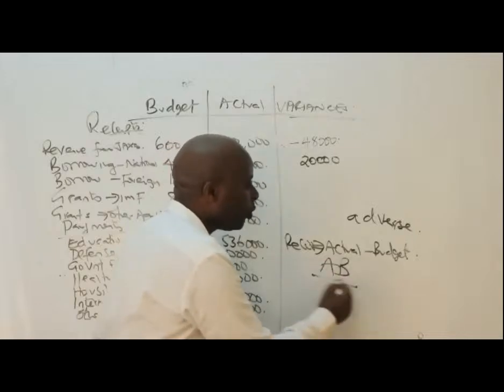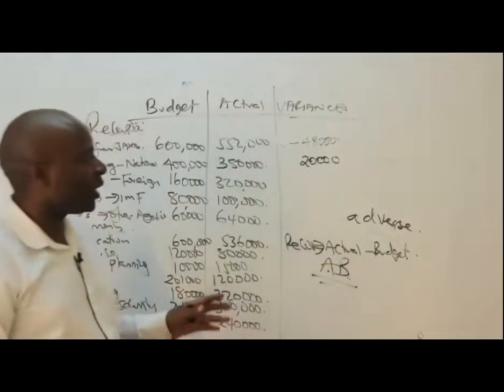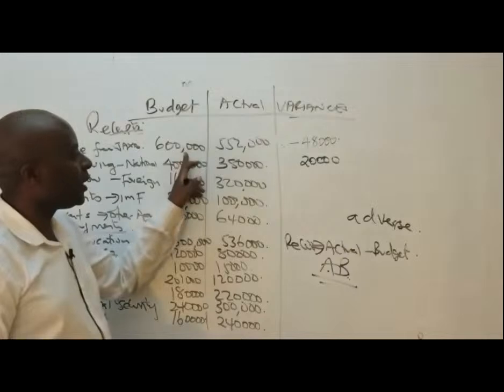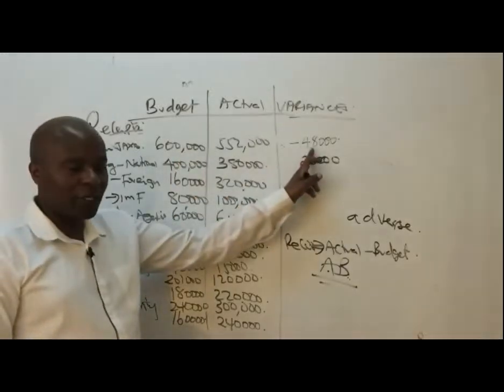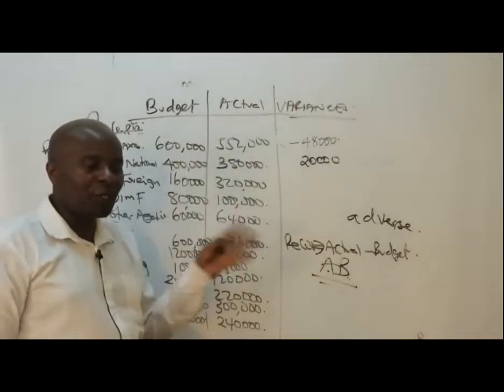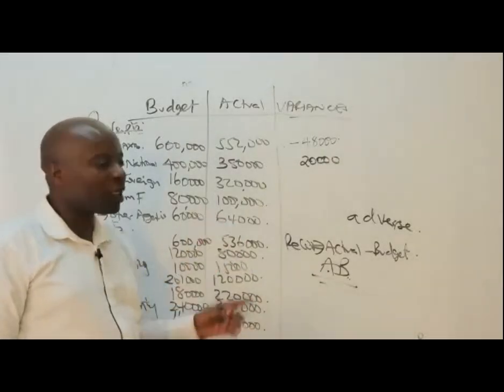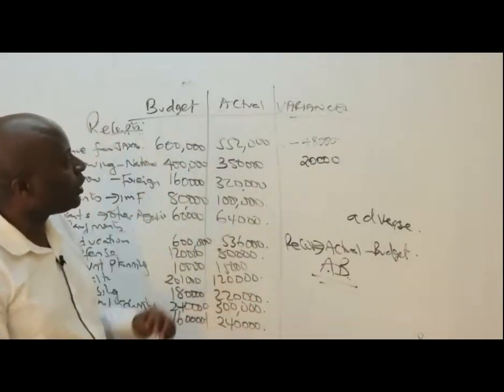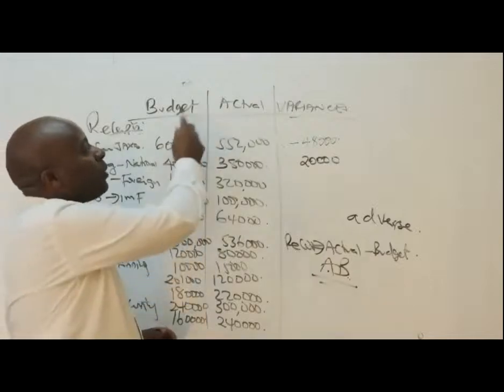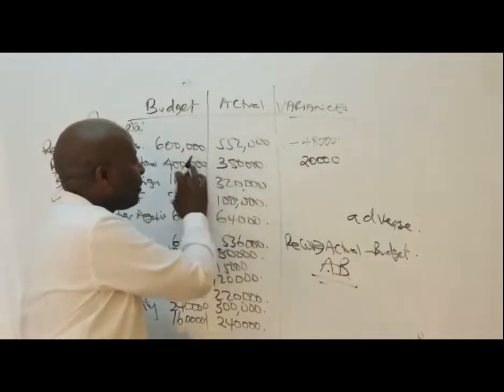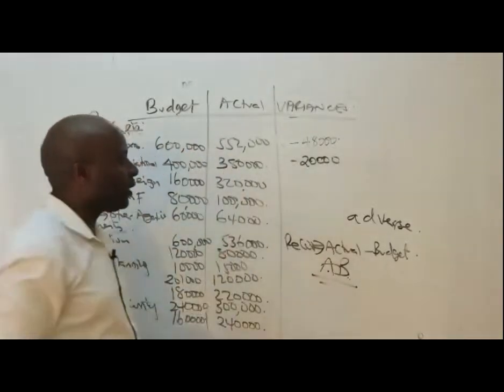For receipts, always it's actual minus budget. So like now you take 552 minus 600, you get minus 48,000. To avoid those interpretations, whenever you are getting variances for receipt items, what have we said? It's ARB. It is actual minus budget. So like now this 380,000 minus 400,000, I'll just write negative like that.